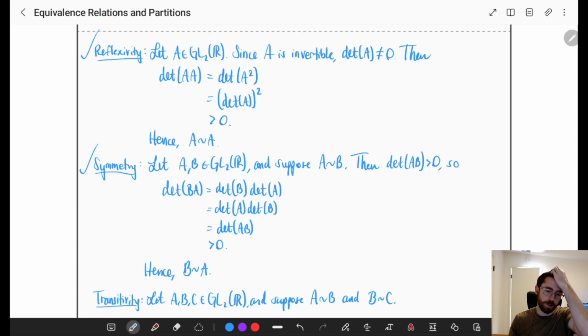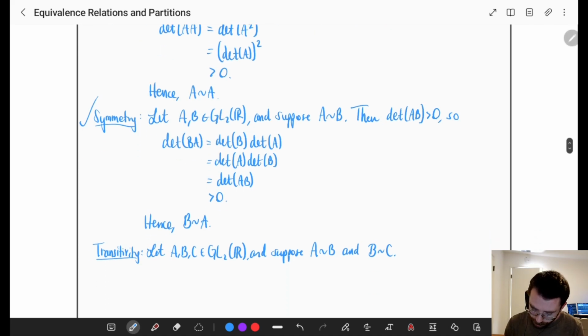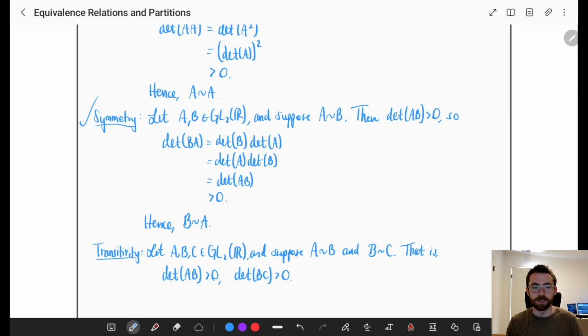We want to show the first is related to the third for transitivity to hold. Let's just write what this means. That is, det AB is positive, and also det BC is positive. How on earth am I going to get to something involving the determinant of AC?